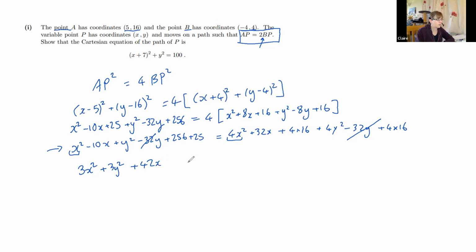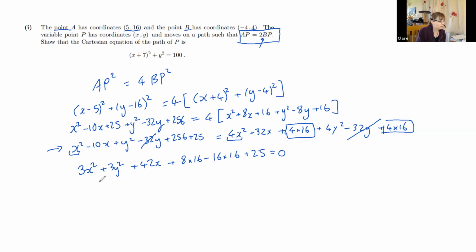The y term's cancelled. And then I've got 8 lots of 16 minus 16 lots of 16 plus 25. So this thing and this thing give me 8 lots of 16. And I know that 256 is 16 lots of 16.